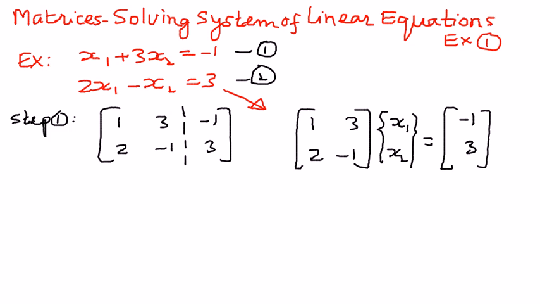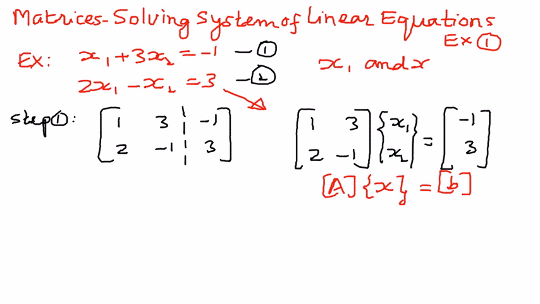So this is of the form A times x is equal to b. We want to find the values of these unknown quantities, x1 and x2, and that's where we are right now.